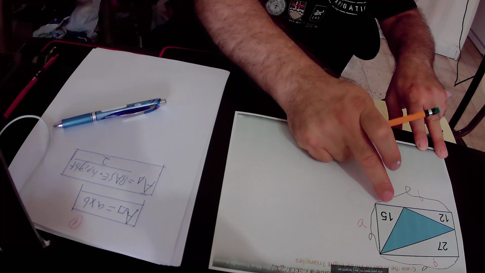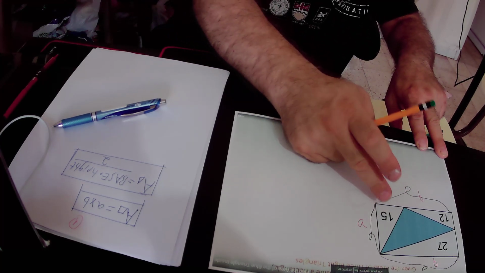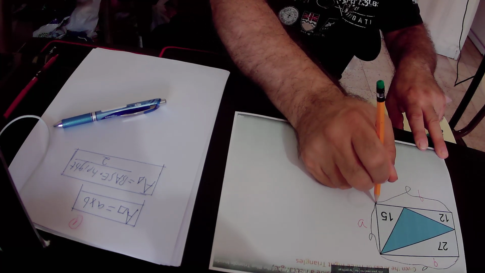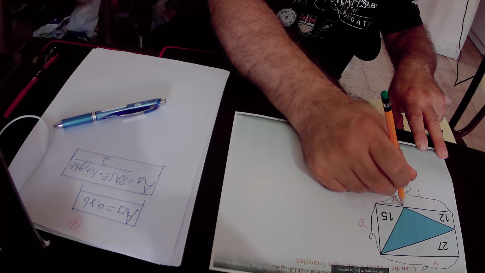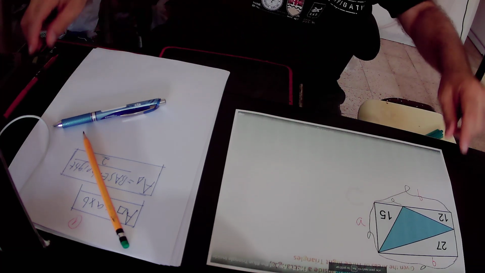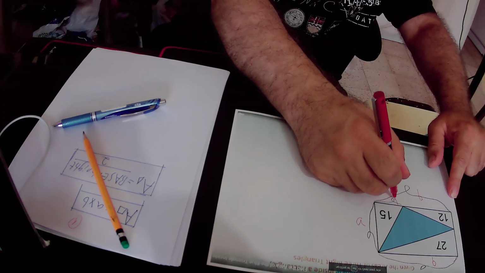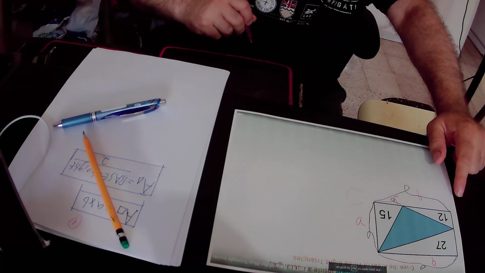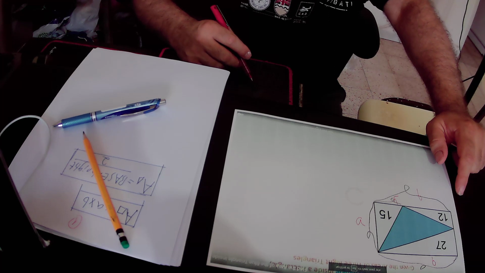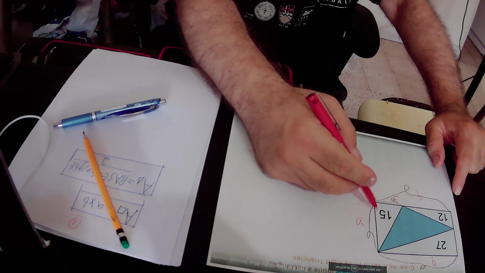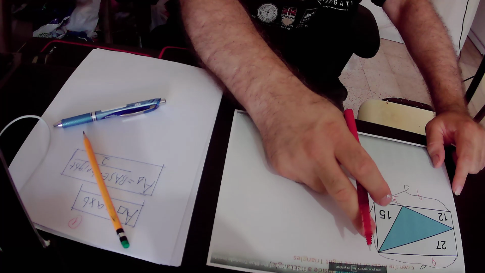Let's define the base of this triangle as y. This is the base of the triangle. We will define it as y. And the height of this triangle is A. A is also the width of the rectangle.